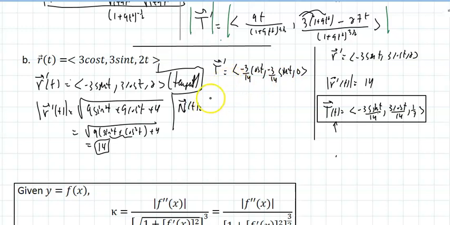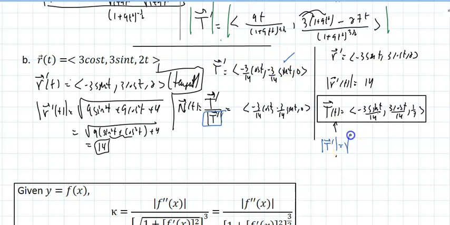N of t is T prime divided by the magnitude of T prime. So that is negative 3 over radical 14 cosine of t, negative 3 over radical 14 sine of t, and a 0. And what I need is to find the magnitude of T prime.